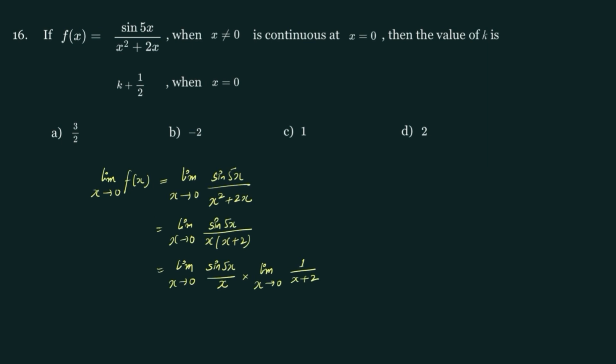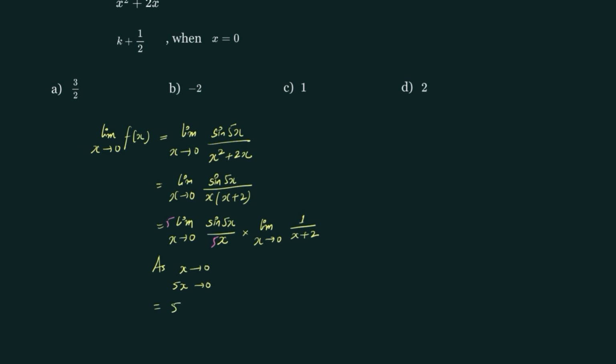Let me multiply and divide with 5. So here it will be 5x, and let us multiply with 5. As x tends to 0, 5x also tends to 0, then this part will be 5 limit 5x tends to 0 sine of 5x over 5x into, in the second part we can put the value of x as 0, then it will be 1 over 0 plus 2.